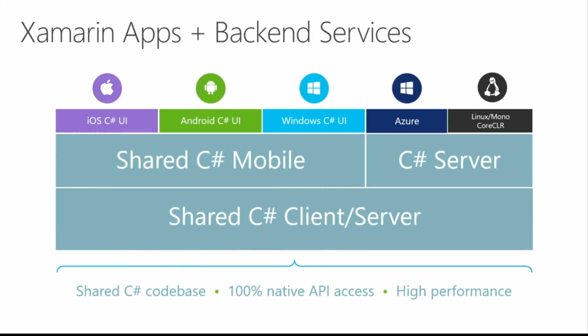So this gives you the capability of having your C# mobile application being cross-compiled to Apple, Android, and Windows, and an ASP.NET server written in C# running on Azure, and then have a shared C# library that gives you the models and so on across the board, so that you're writing once and using it in multiple places. And all of this stuff is 100% native.